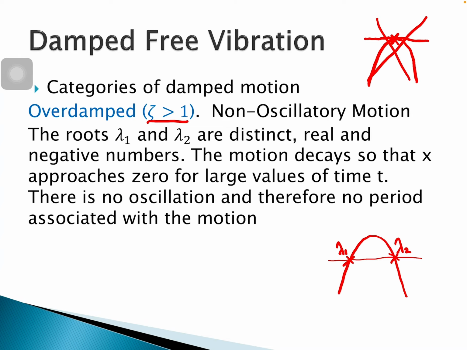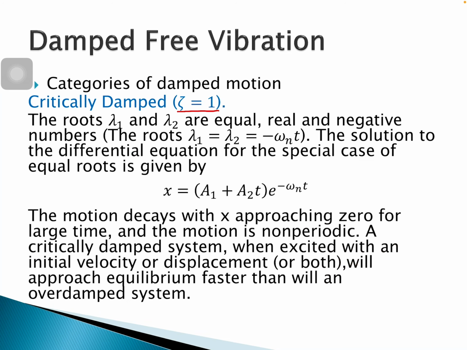From there, we can see whether the system is overdamped, critically damped, or underdamped. The third category is underdamped. In the critically damped case, the roots lambda 1 and lambda 2 are equal. Both are real and negative numbers. So this is the root.